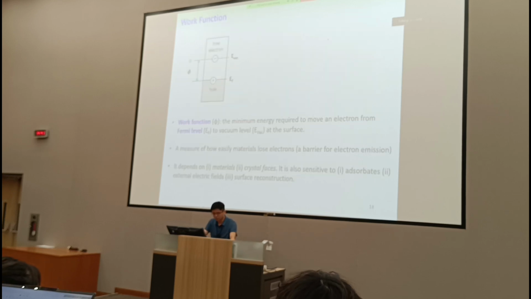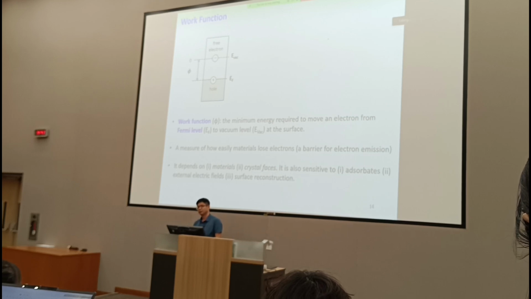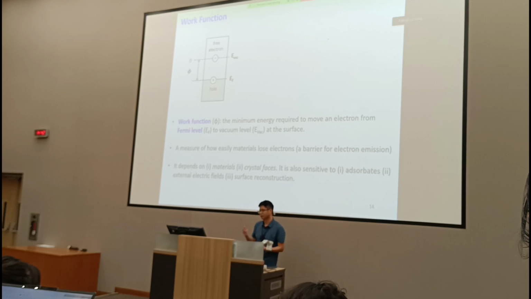Okay, so in addition to the Fermi level, very often you hear about work functions. Work function is also very important; it defines an energy barrier for pulling electrons out of your material. For example, sodium, potassium, these alkaline metals tend to give away electrons very easily.